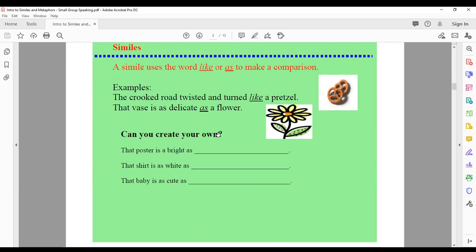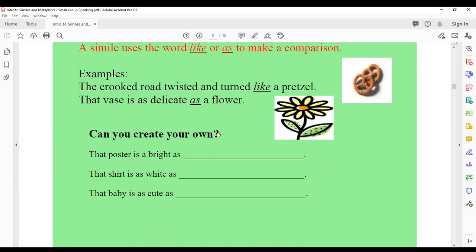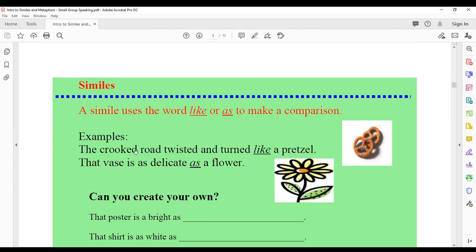Okay, so a simile is when we make comparisons, kind of like you were saying, Ines, but we use either the word like or as to make the comparison. In this example, crooked is an adjective that means the opposite of straight.